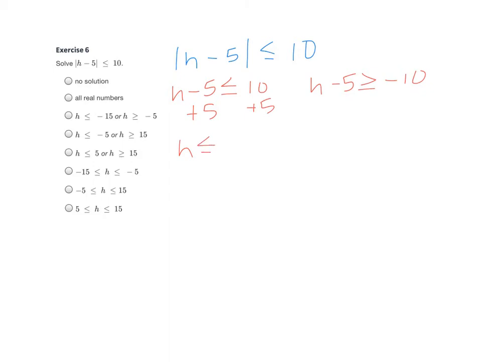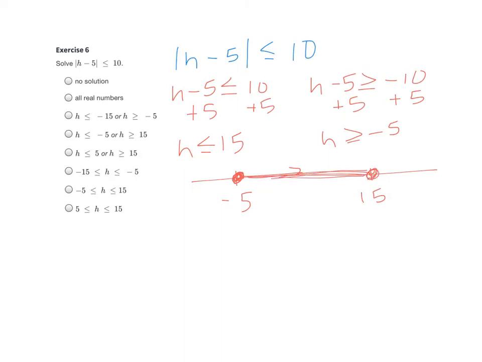H less than or equal to 15. Over here I'm going to add 5 to both sides. I get h greater than or equal to negative 5. Graphing this, here at negative 5 I would have a closed circle going to the right. Positive 15, I have a closed circle going to the left.